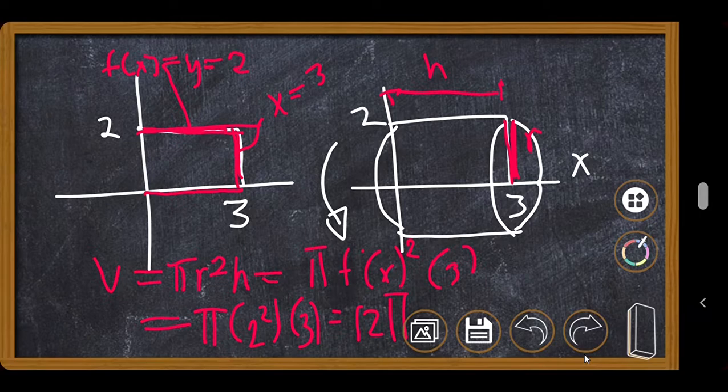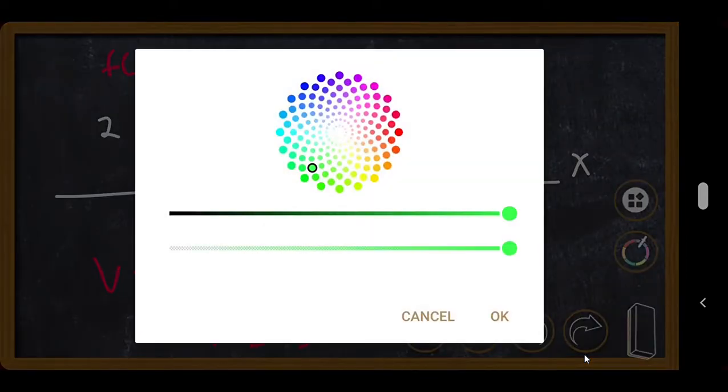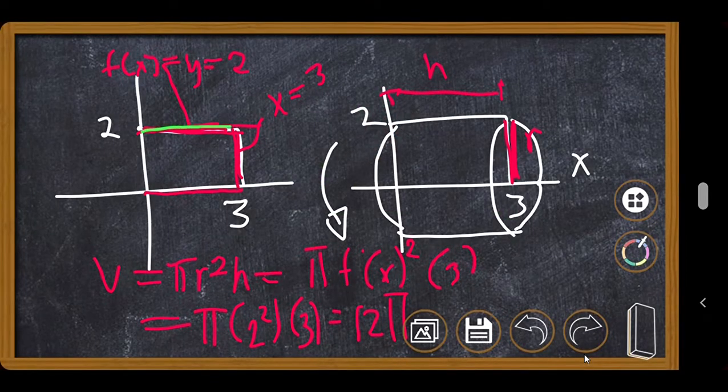Now, it's easy to look at it as a rectangle revolved around an axis, but what if our function is not a horizontal line like this one? What if our function is not constant?